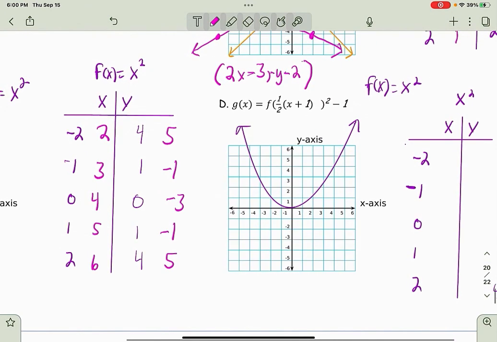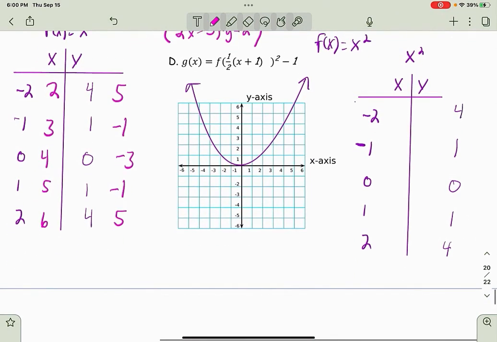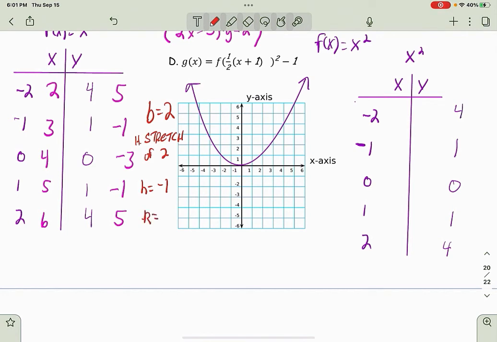Our next problem, it's very similar, and let's go ahead and do this. It's a little different. So now we have a horizontal dilation. So we have b equals 2, which is going to be a horizontal stretch of 2, and then we have our h equals -1, and our k equals -1.